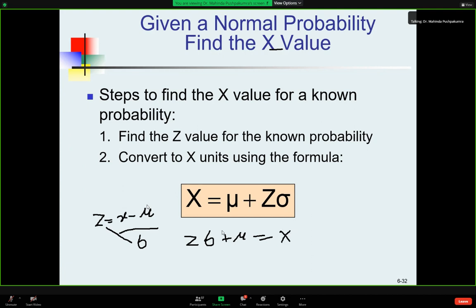So if you are given the standard deviation, mean and Z value, you can find the value of x.